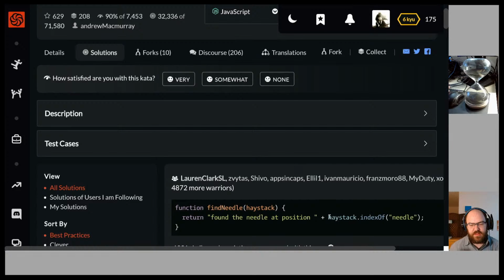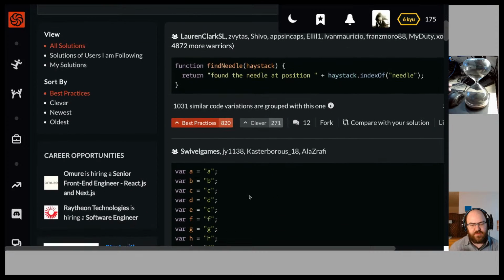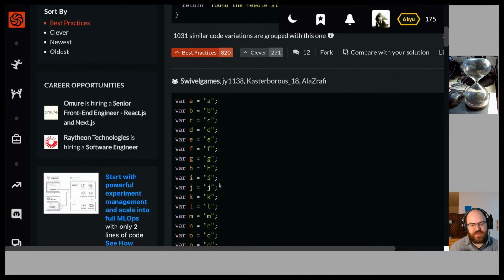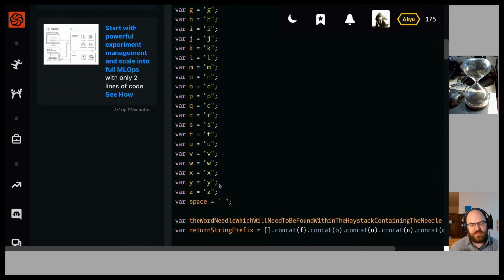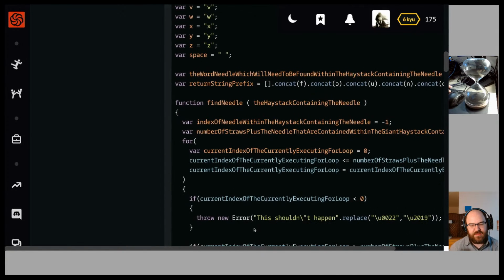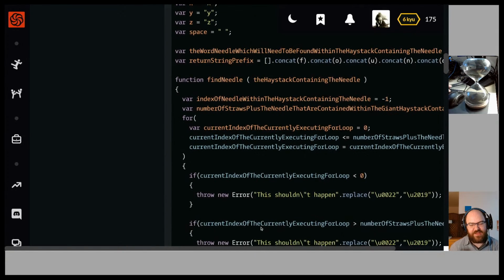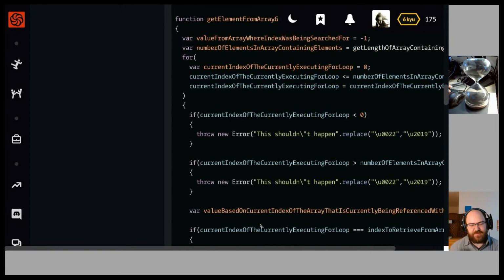Oh, haystack.indexOf. There's an indexOf method. Give that a best practice. Oh, wow. What are we doing with the alphabet? Throw new error, this shouldn't happen. What on earth am I reading?